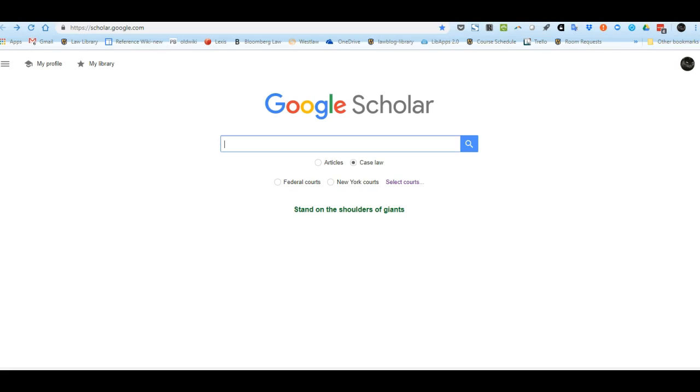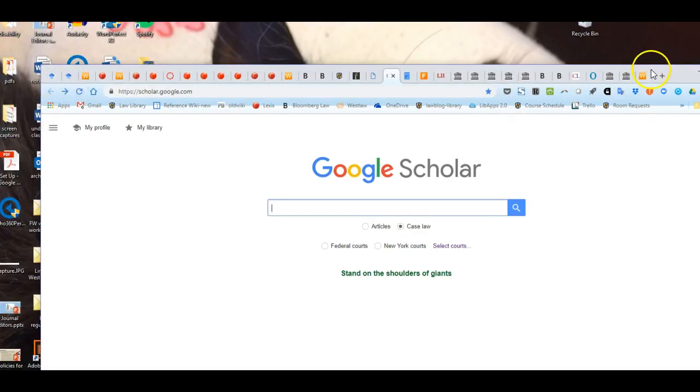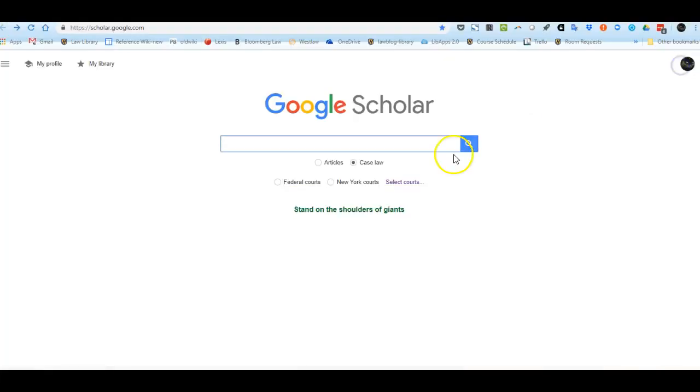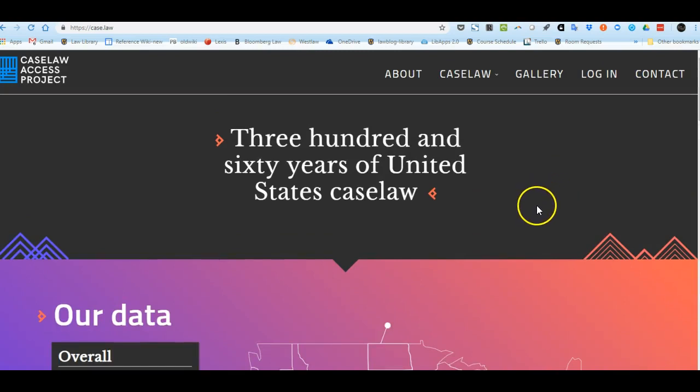So that's Google Scholar. There are a couple of other sites. One of interest, you're probably not going to make a great deal of use of yet, but it's worth knowing about down the line. Case.law: Harvard and a bunch of other people got together and tried to take the opinions of all of the case law and make them freely available.